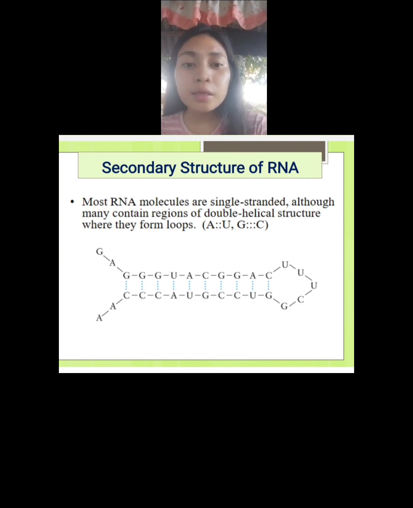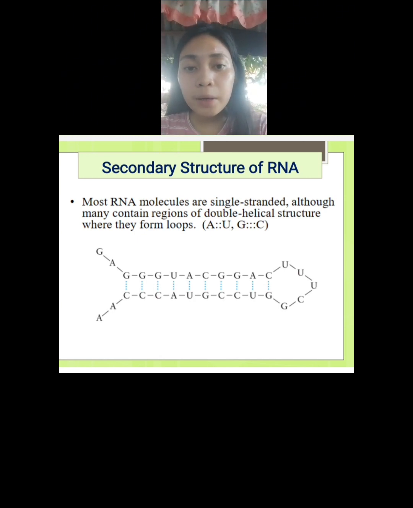In this RNA structure, cytosine is paired with guanine and adenine is paired with uracil. In the base pairing of this RNA, these sequences show a single base pair between guanine and cytosine.